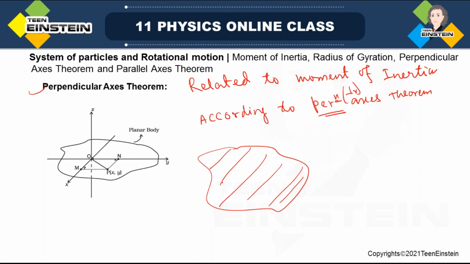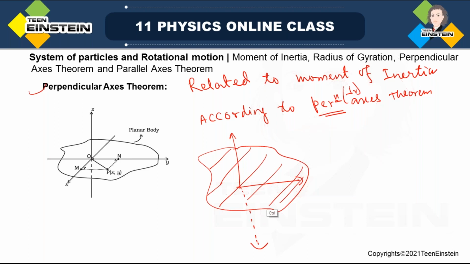A planar object means the plane can be defined by two axes, right? Like the xy plane, you should have two axes. So there will be two axes on its plane, and there is a perpendicular axis, an axis perpendicular to that.